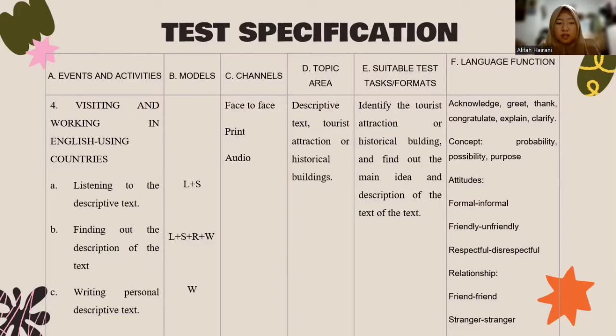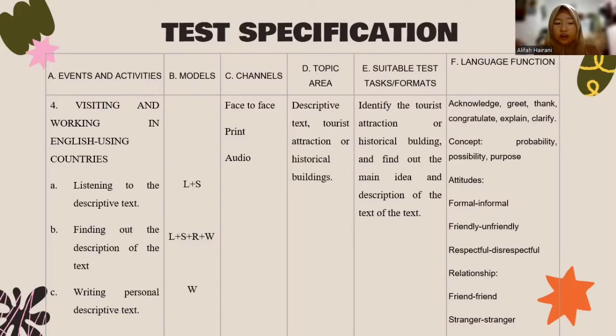And for the events and activities, we use listening to the descriptive text, finding out the description of the text, and writing a personal descriptive text. In this section, we use L plus S, which means the listening and speaking skills.